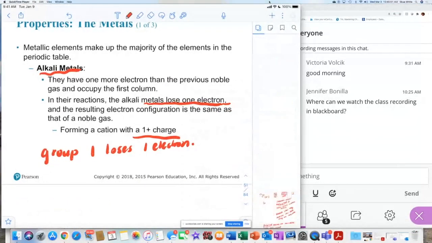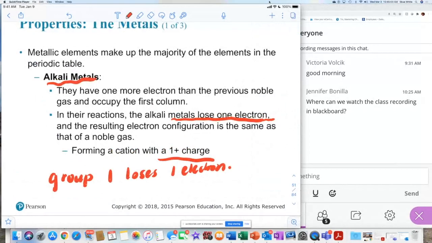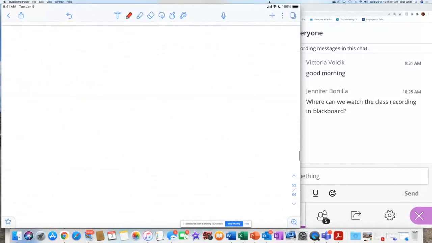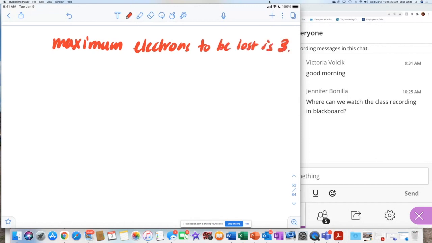Okay, let me give you guys a summary. We haven't gotten to that yet, but I have a thought and I'd rather complete it. As far as your level is concerned, and what we're going to be covering, the maximum electrons that can be lost is 3.